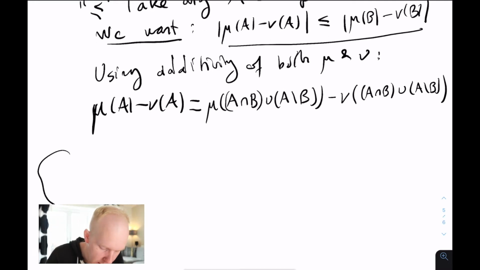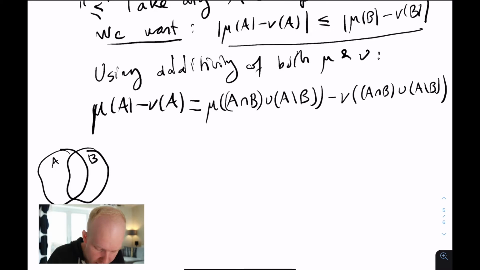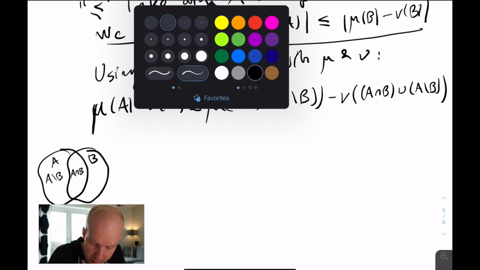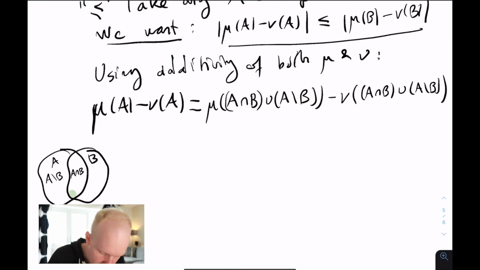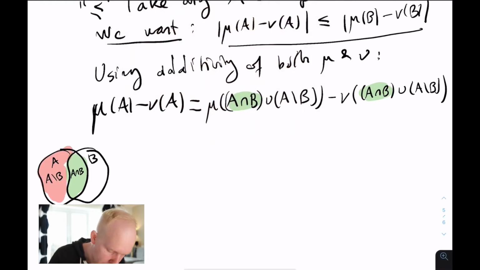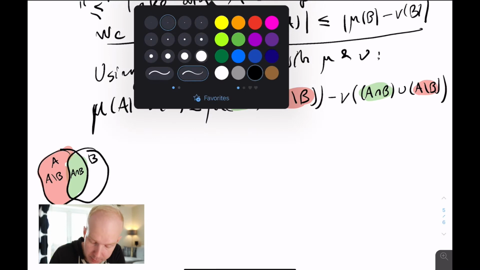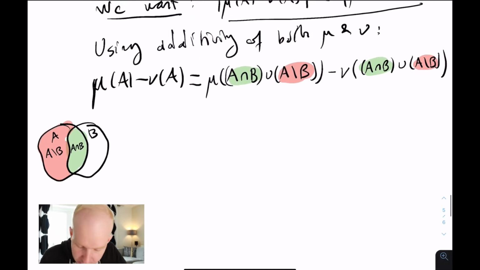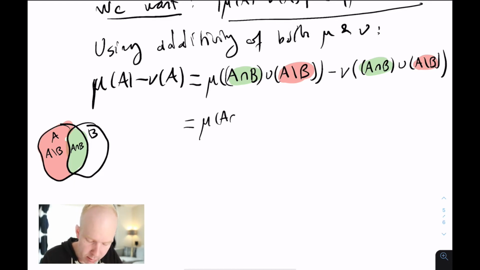You have your set A somewhere here, and then you have your B over here, and you take the intersection, so this is A intersection B, and then you have A minus B. Sorry, you get these two subsets: A intersection B, and then the part of A in the complement of B. Of course these two sets are disjoint, so you can reorganize them.